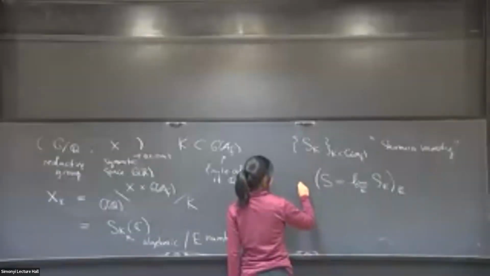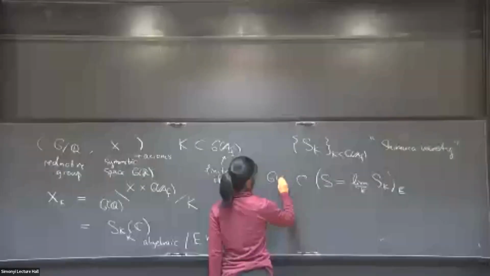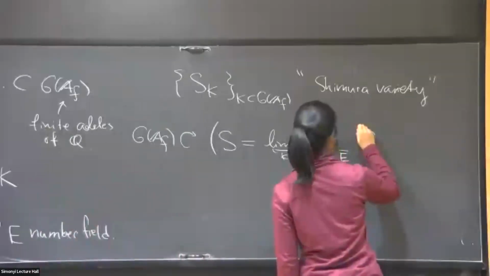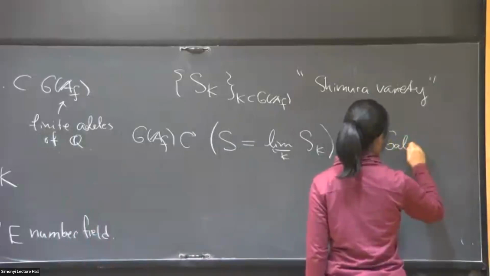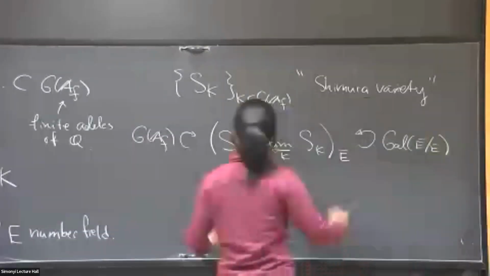Then this object has a lot of symmetry. On one hand, it admits the action of this huge adelic group, and on the other hand, it has the action of the absolute Galois group of the base. And these two actions commute.